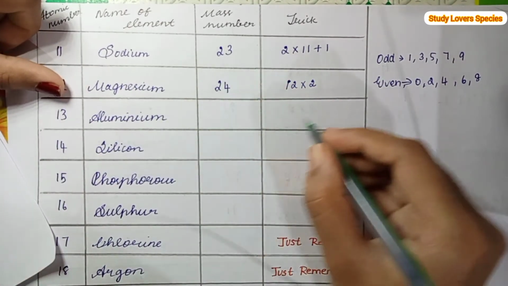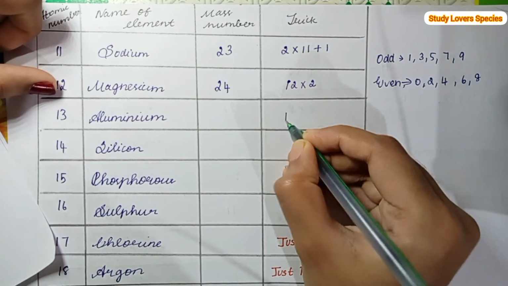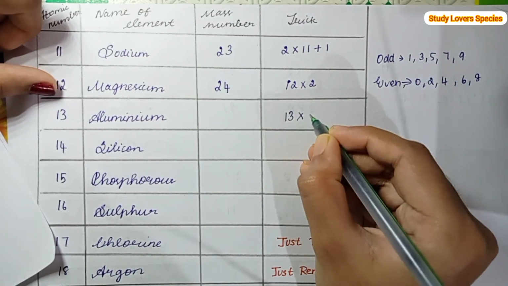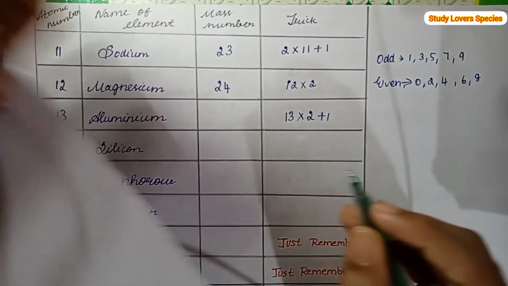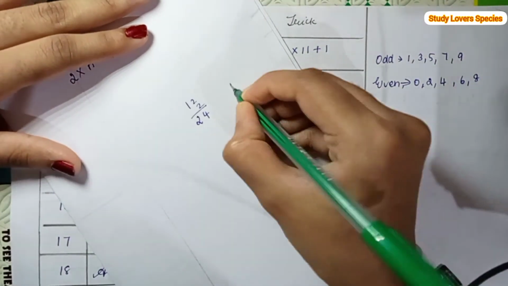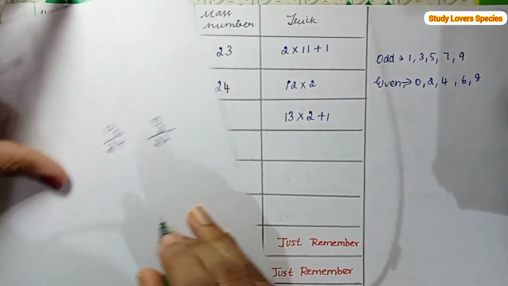Next, aluminium. 13 is an odd number. 13 into 2 plus 1. 13 into 2 is 26, plus 1 gives you 27.